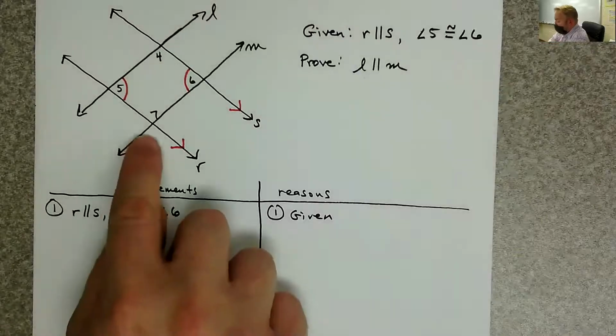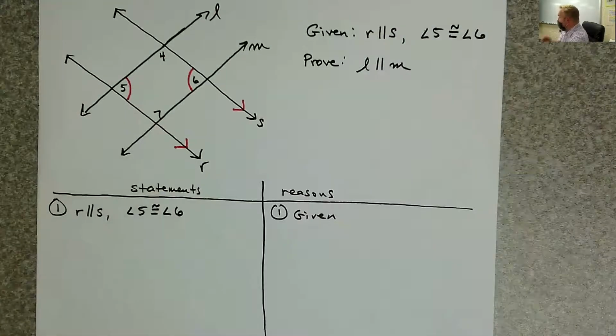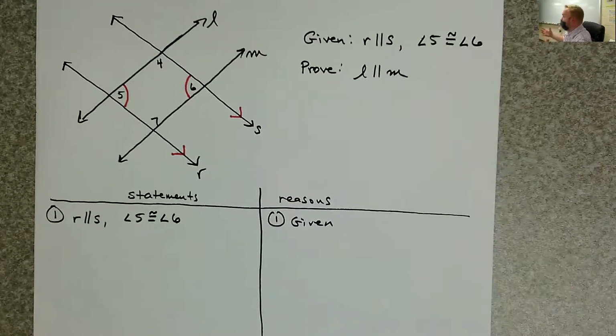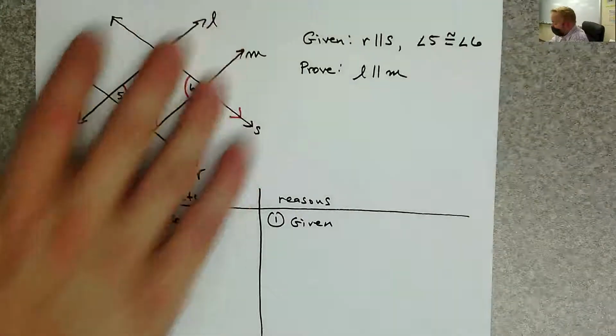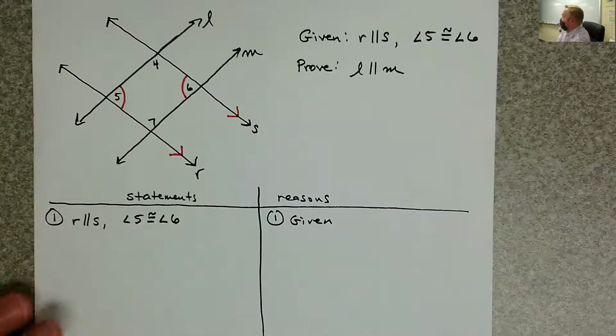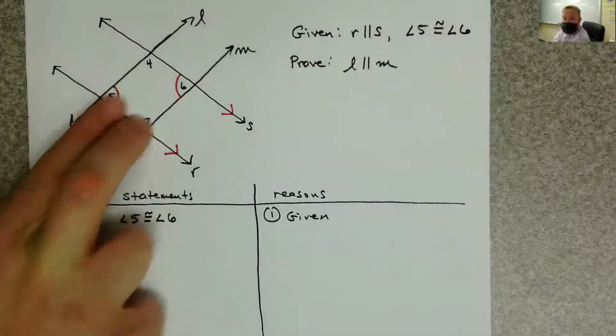I could have numbered every single angle, and that would make it more difficult because you wouldn't have quite as much direction as to which angles am I supposed to use here. So the idea is if we're going to show that L and M are parallel, think about what kind of angle pair we could possibly have to use to prove that those things are parallel. I'm going to go ahead and tell you it's either 4 and 6 or 5 and 7.